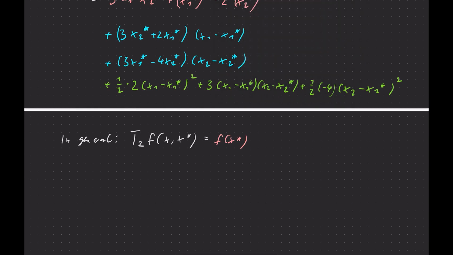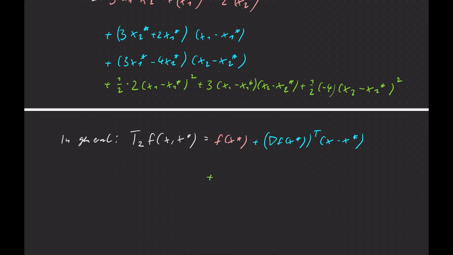Then we have a term that involves the first partial derivatives. So in effect, we get something like the gradient that includes all of these, transposed, times x minus x star. So we write this as a vector. It's a scalar product of two vectors.